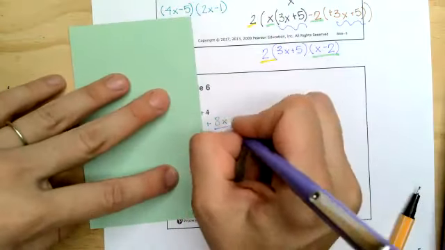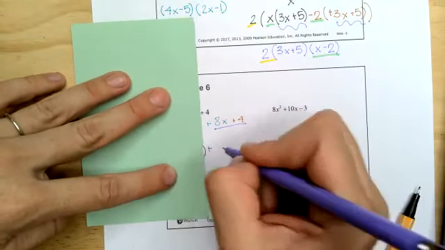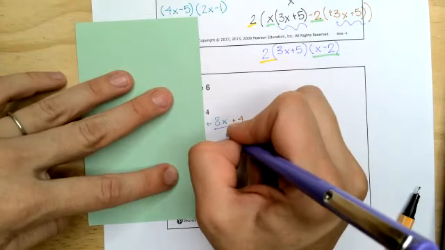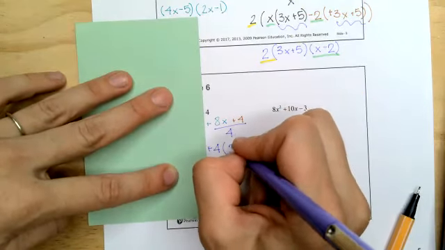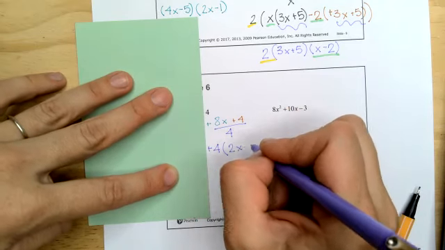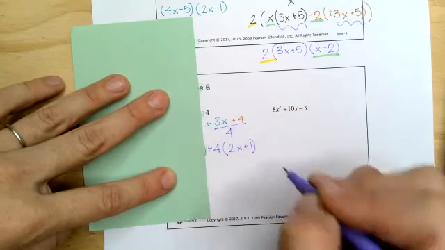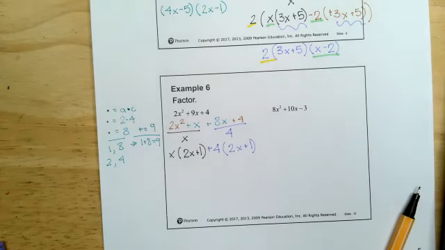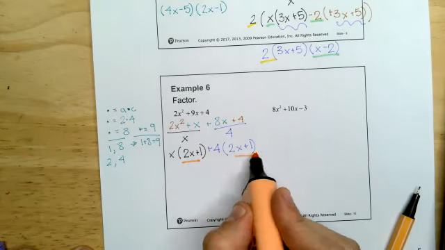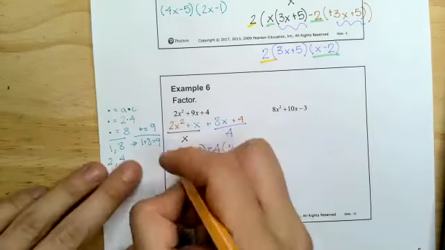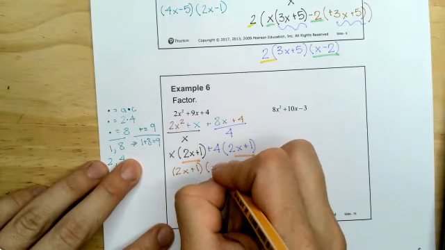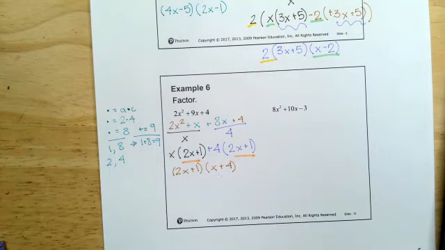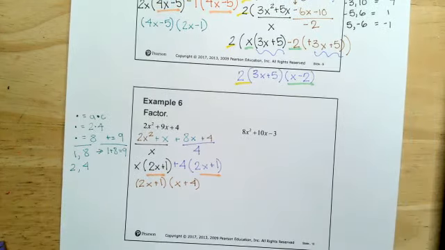Now I have a plus 8x plus 4, so that's going to be a positive. 8x and 4, I can factor out a 4. 8x divided by 4 is just 2x. 4 divided by 4 is just 1. 2x plus 1, x plus 4. Good.